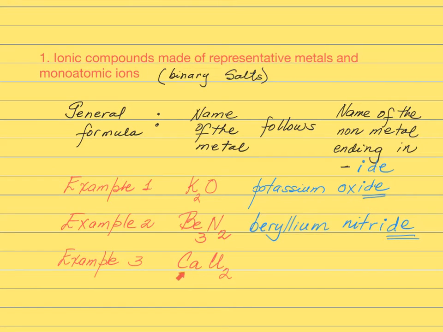See, calcium is in group 2, and after calcium you have only one nonmetal. So I know that I cannot change the name of my cation or positive ion, calcium. Chlorine becomes chloride. Chloride.